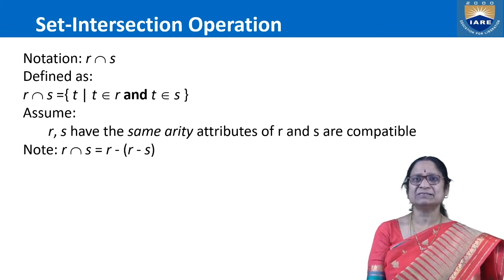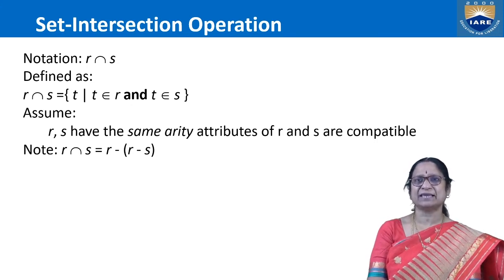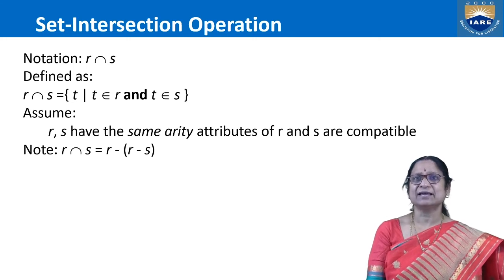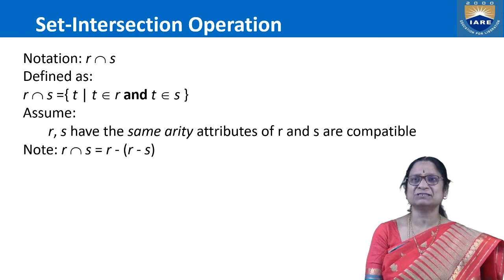The number of attributes must be the same, as well as the corresponding attribute domains must be compatible. In such cases only, these kinds of set operations are possible, either basic set operations or the intersection operation.